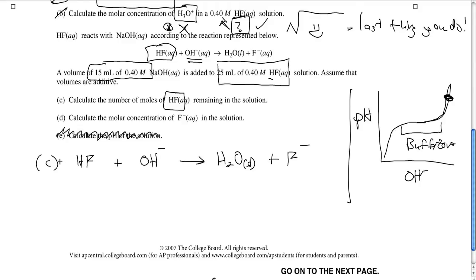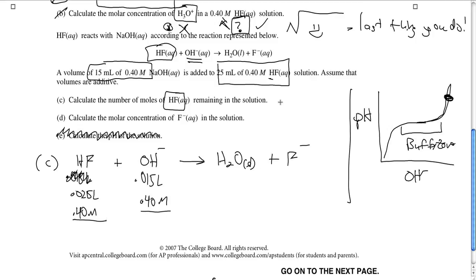Initially, I have 0.015 liters of a 0.40 molar solution of OH, and 0.025 liters of a 0.40 molar solution of HF.